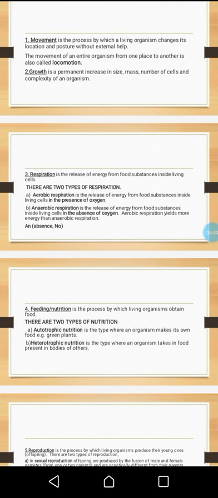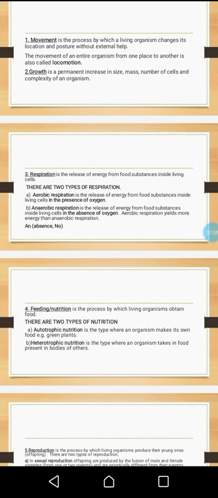But in the case of animals like a human being, we use locomotion when they move the entire body from one point to another. So the difference between movement and locomotion is that locomotion is the movement of the entire organism from one place to another.